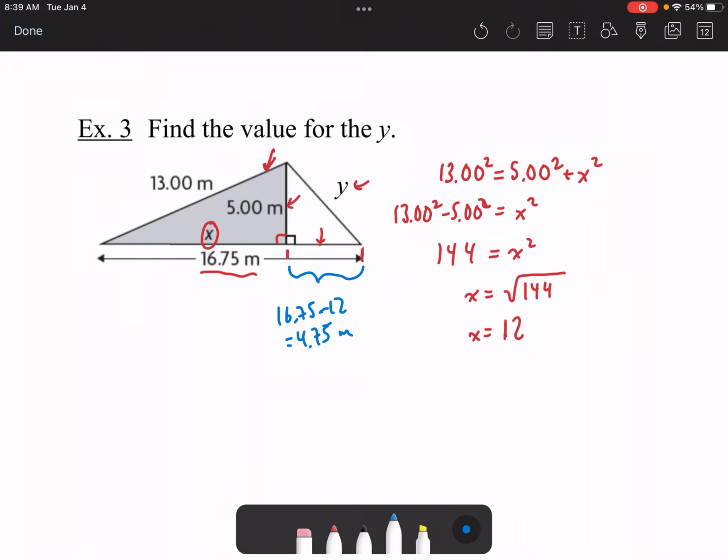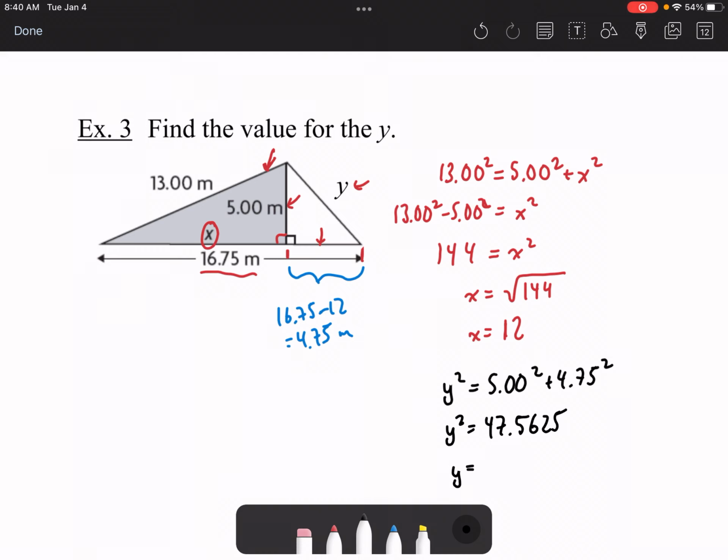So now to solve for y, we could use Pythagorean Theorem again. I know y squared is equal to 5.00 squared plus 4.75 squared. So y squared is equal to, plugging that in my calculator, 47.5625.